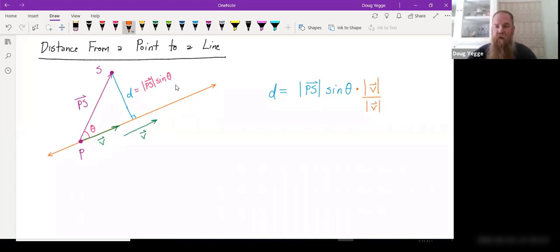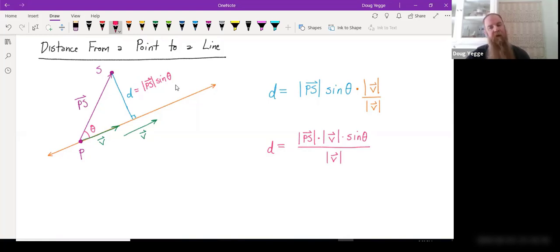I'm not changing it at all because I'm multiplying by 1, but I am making it look a little bit different. So now I end up getting this distance as the magnitude of PS times the magnitude of v times sine of theta, over the magnitude of v.